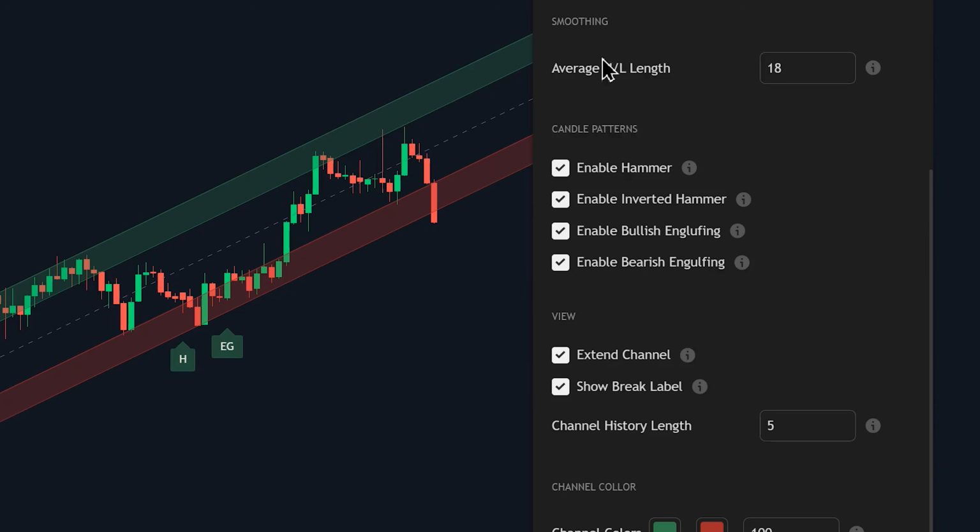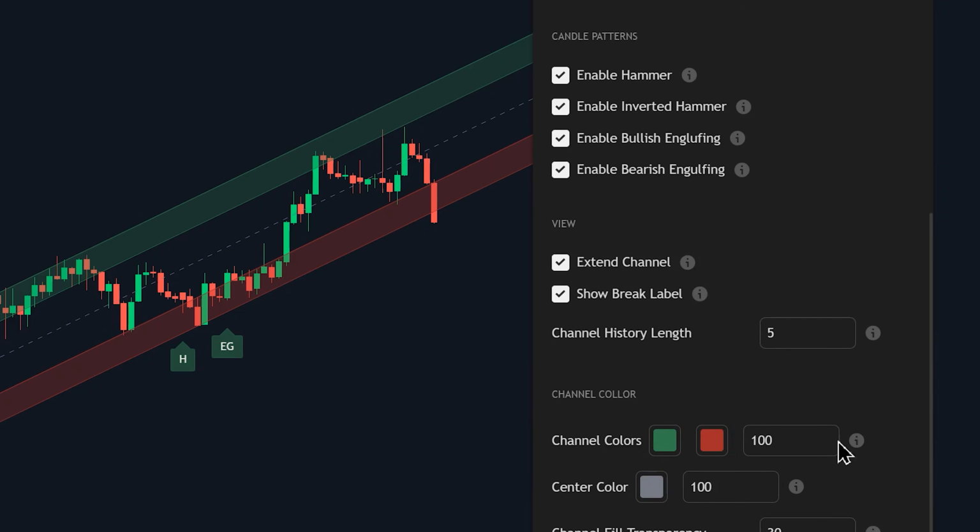Under smoothing, there's the average HL length, which smooths out the highs and lows used for the channel calculation. Further down, you can toggle which candle patterns you want the indicator to look for, like enable hammer, enable inverted hammer, enable bullish engulfing, and enable bearish engulfing. You can also choose to extend channel into the future, show break label when a break occurs, and set the channel history length to decide how many past channels stay on your chart.